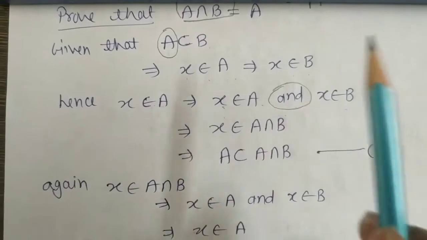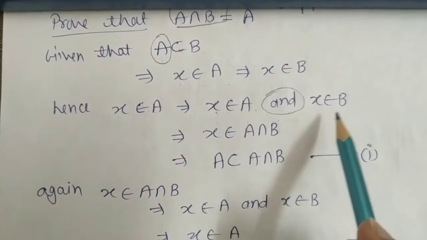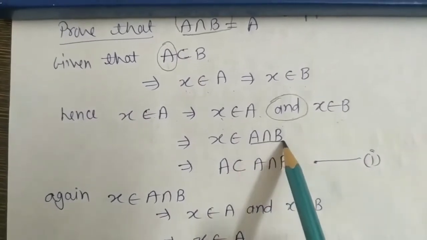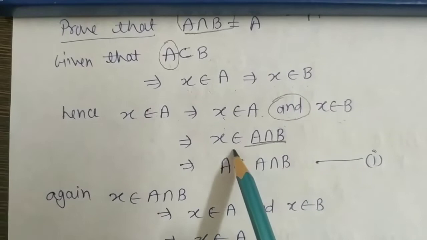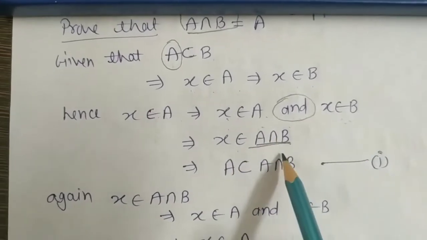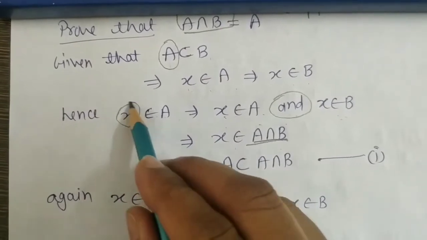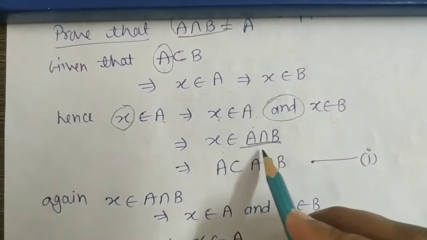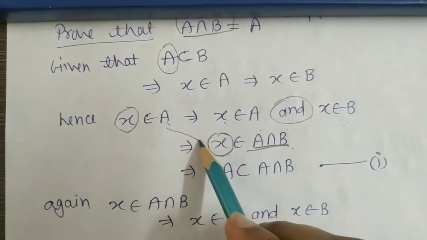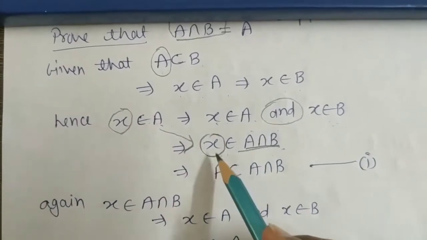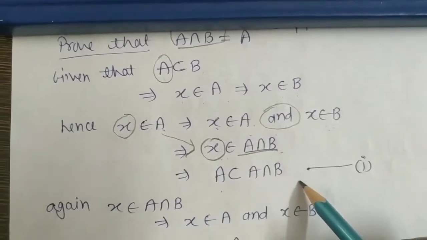And means if any element belongs to A and B both, it belongs to the intersection also. So X belongs to A intersection B. Now check: this X belongs to A and X belongs to A intersection B. It means A is a subset of A intersection B.